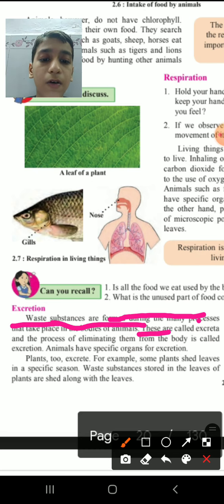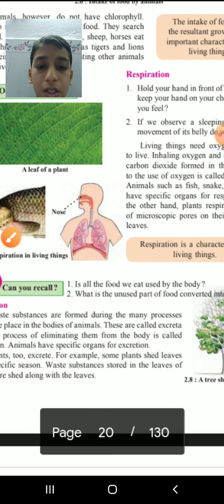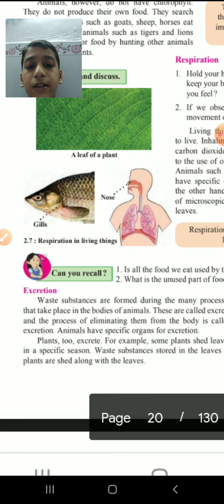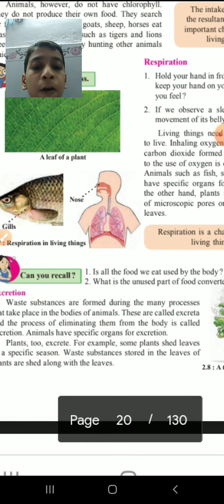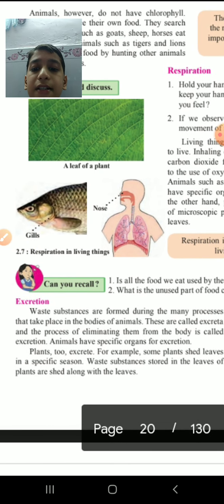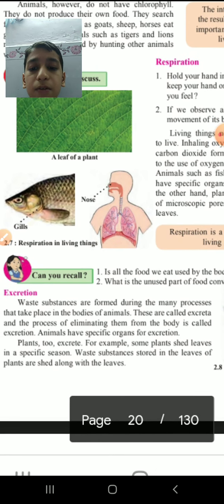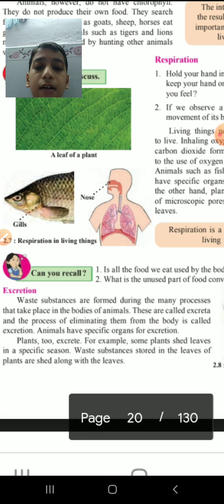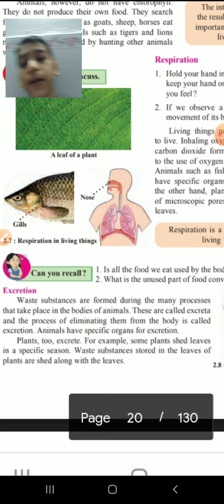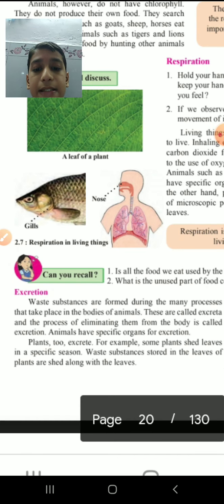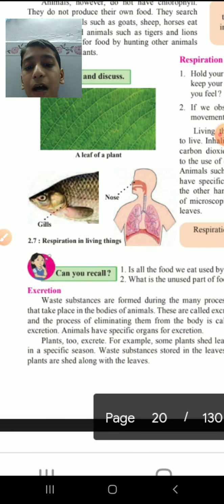These are called excreta, and the process of eliminating them from the body is called excretion. Animals have specific organs for excretion. Plants also excrete. For example, some plants shed leaves in a specific season. Waste substances stored in the leaves of plants are shed along with the leaves.